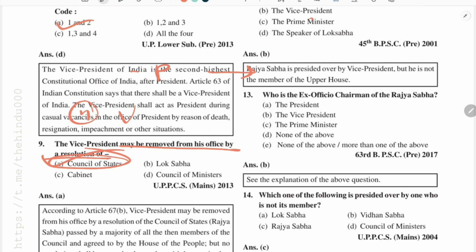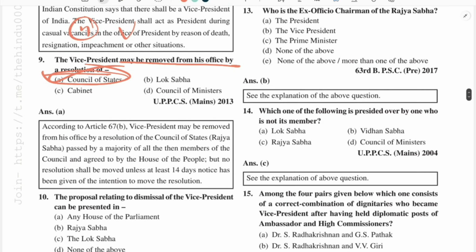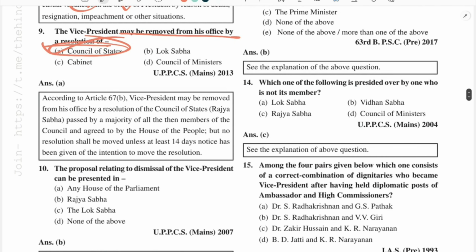It has to be passed through an effective majority, that is 50% of total membership of the house minus vacancies. Then if it is passed through Rajya Sabha, it goes to Lok Sabha, where it has to be passed through a simple majority, that is 50% of present and voting.